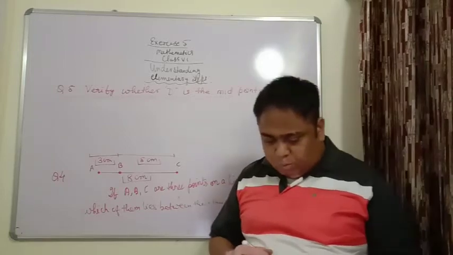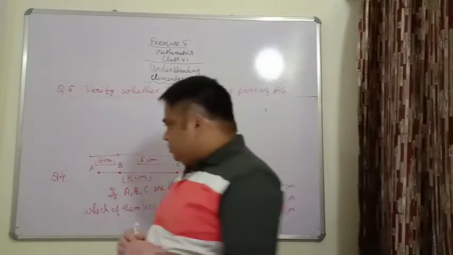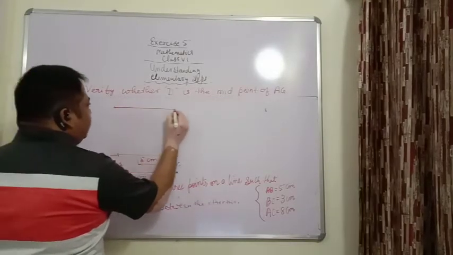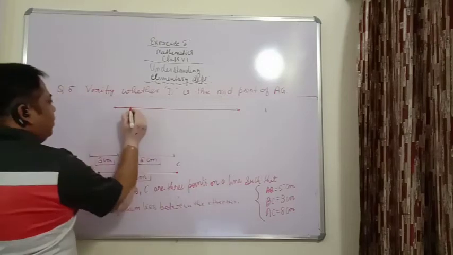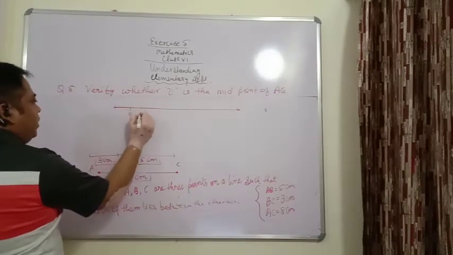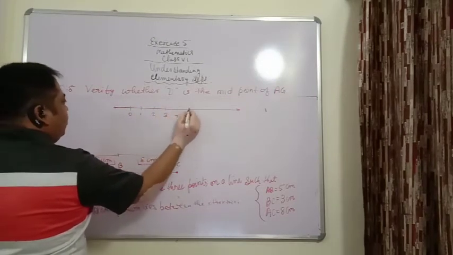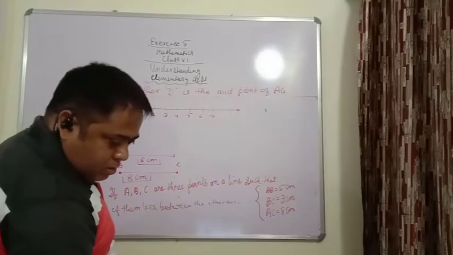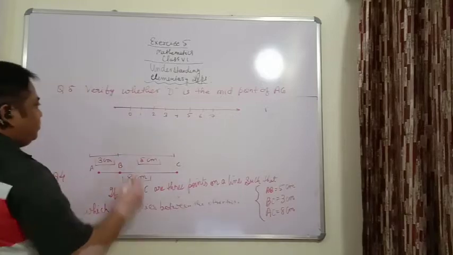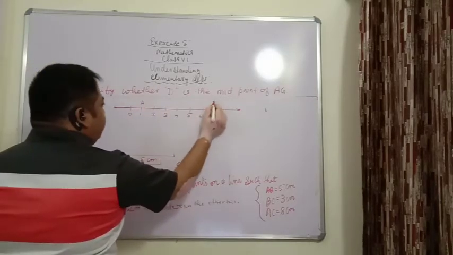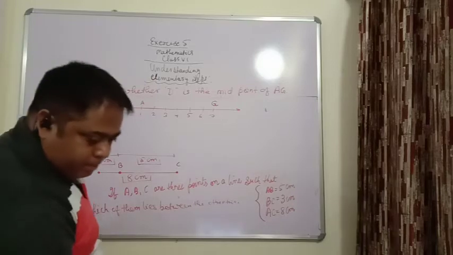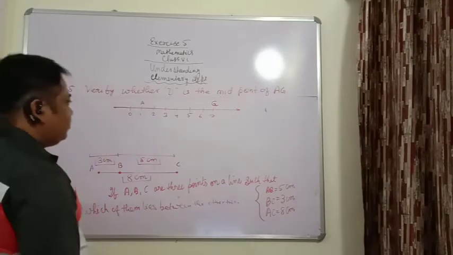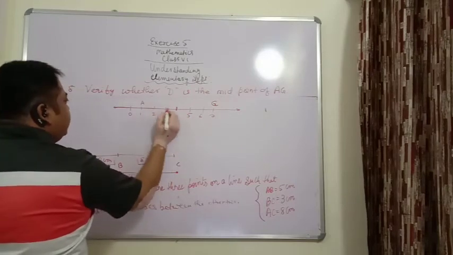The diagram is given in the book itself. It is like this. Zero, 1, 2, 3, 4, 5, 6, 7. Now from A to G, this is A and this is G. So they are asking if D is the midpoint or not. This point is D.